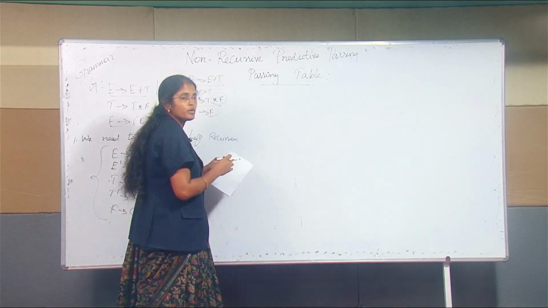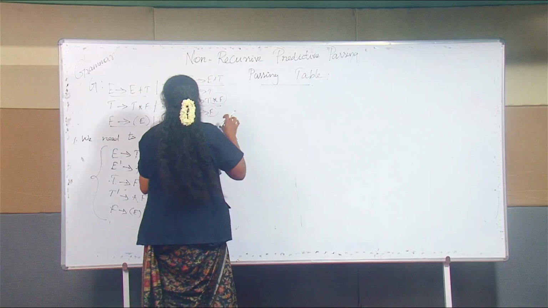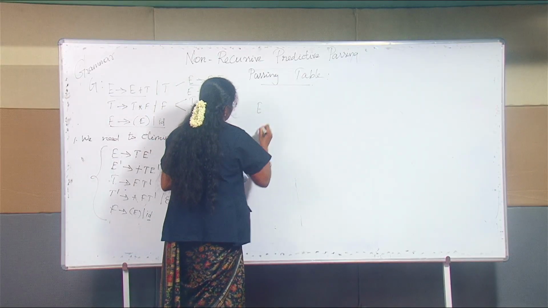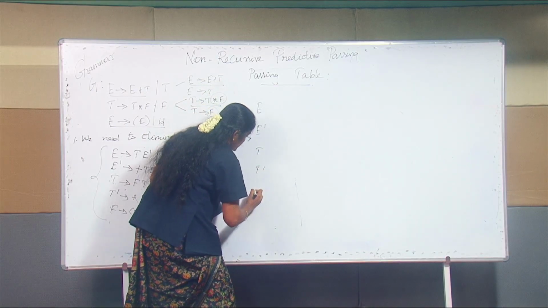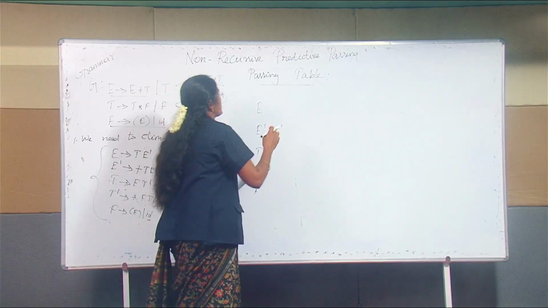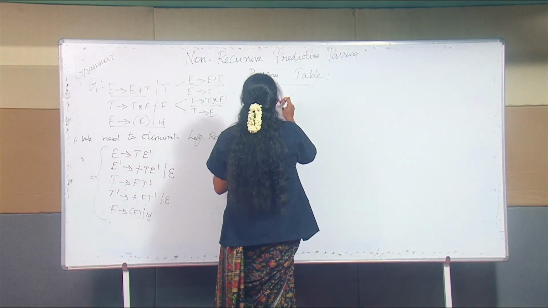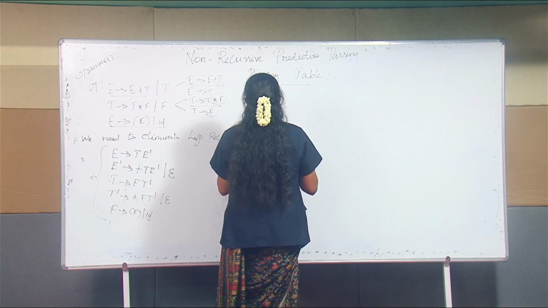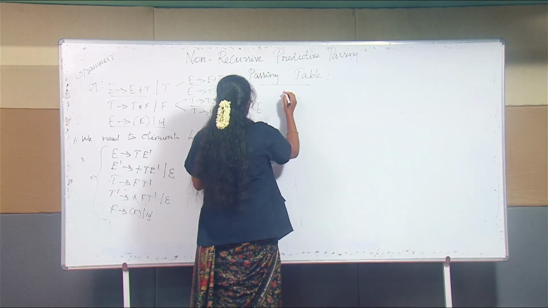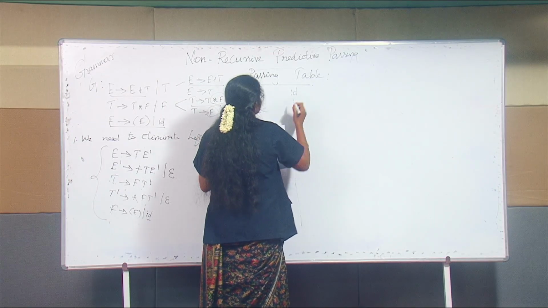So for drawing your parsing table, you have to write all your production elements E, E dash, T, T dash and F in your row. Okay.